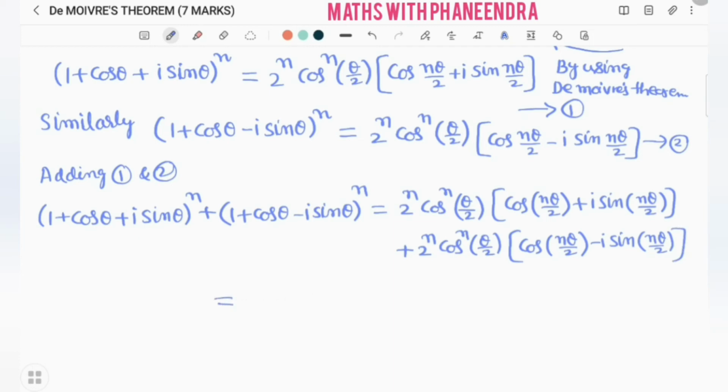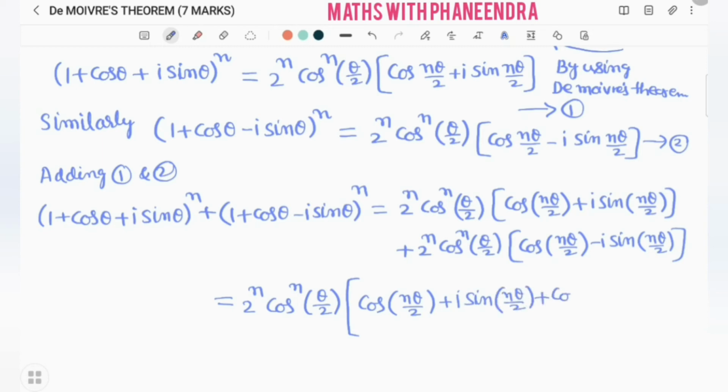So which is equal to, from these two, 2^n cos^n (theta/2) take common. Cos(n theta/2) + i sin(n theta/2) plus cos(n theta/2) minus i sin(n theta/2).